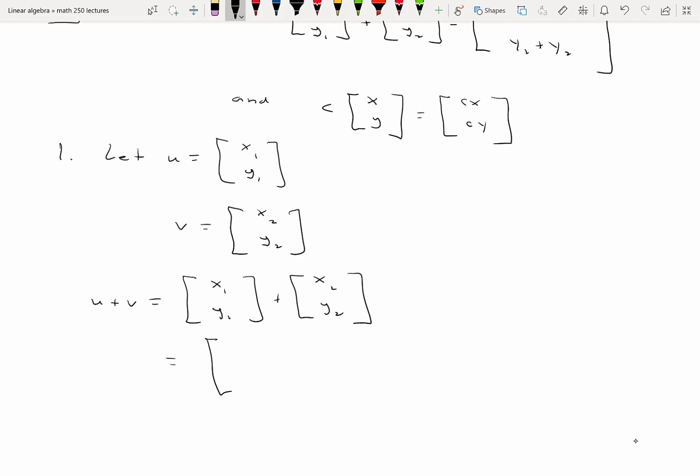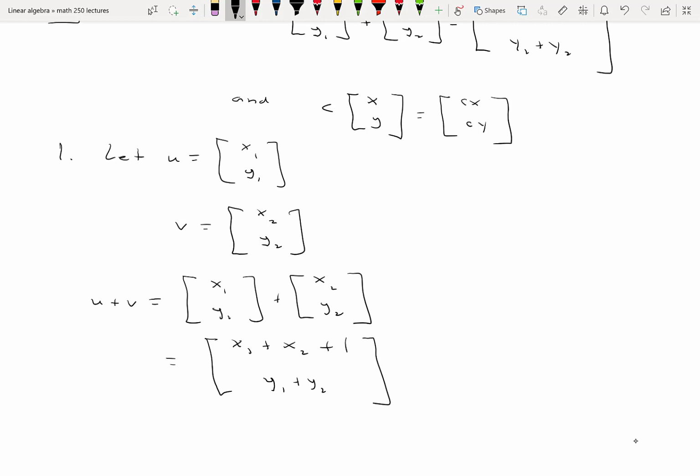That equals the column vector whose entries are x1 plus x2 plus 1, and then the regular old y1 plus y2. Why? Because we said so. We get to define our operations any way we please. We may not get vector spaces as a result, but we can define our operations any way we want.